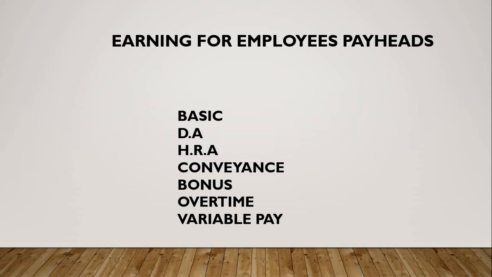For example, your annual salary is fixed at 5 lakh, but they paid only 4 lakh 50,000. So the remaining 50,000 is variable pay. If you are not showing any performance in the business or in the company, they will not pay that variable payment. So that is called variable pay.